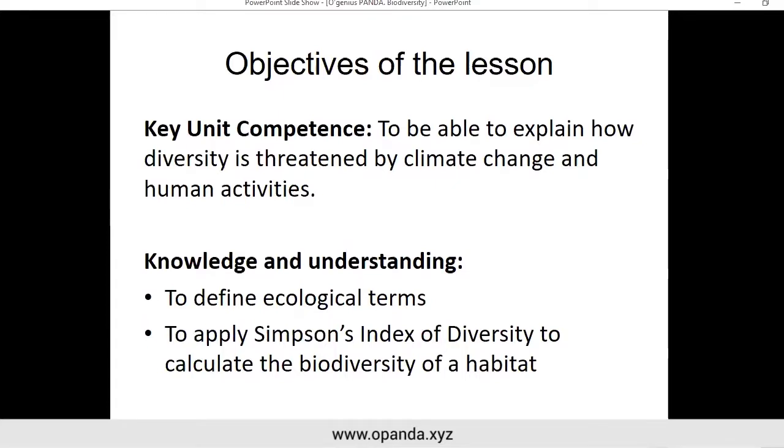Simpson is going to help us with this concept called the Simpson's index of diversity to calculate the biodiversity of a habitat. Is it clear?